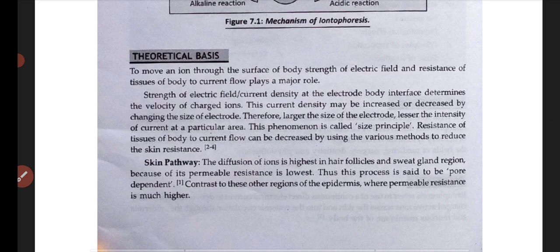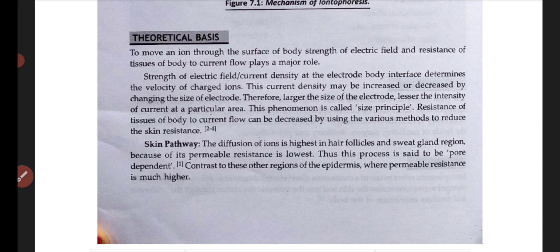The theoretical basis of iontophoresis is to move an ion through the surface of the body. The strength of the electric field and the resistance of the body tissues to current flow play a major role. The electrical current density at the electrode-body interface determines the velocity of the charged ion.